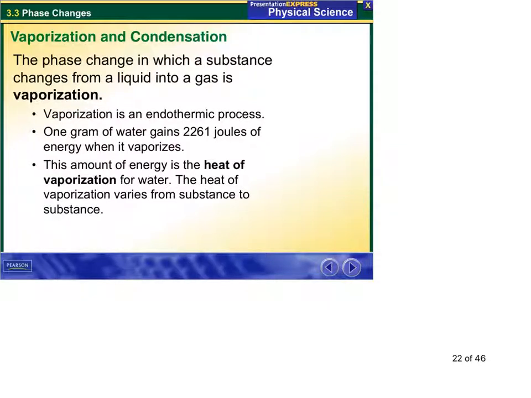We've got vaporization and condensation. When we go from liquid to gas, we're talking vaporization. Endothermic. 1 gram of water gains a little over 2,000 joules of energy when it vaporizes, and we call this the heat of vaporization. Again, it varies from substance to substance.